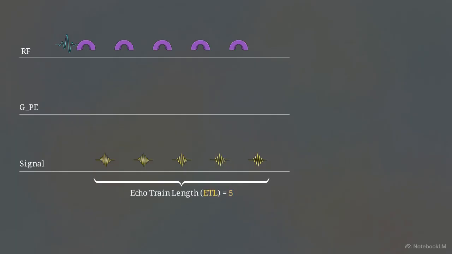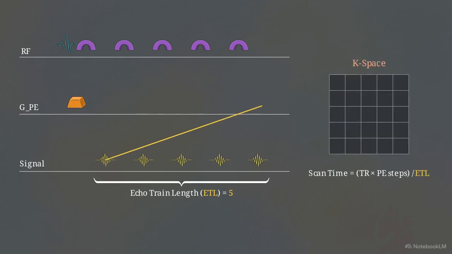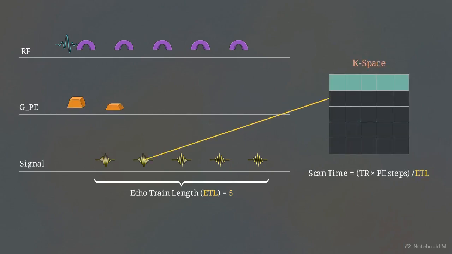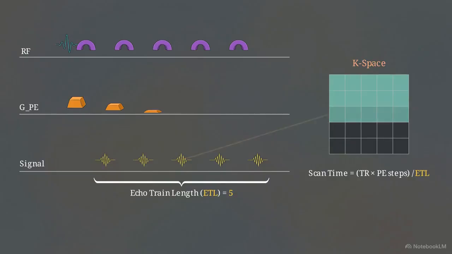Instead of a single 180-degree rephase impulse per cycle, TSE applies a continuous train of them within a single TR. The total number of echoes generated in this cycle is defined as the echo train length. By varying the phase encoding gradient before every 180-degree pulse, TSE fills multiple independent lines of K-space in the time it would usually take to fill one.